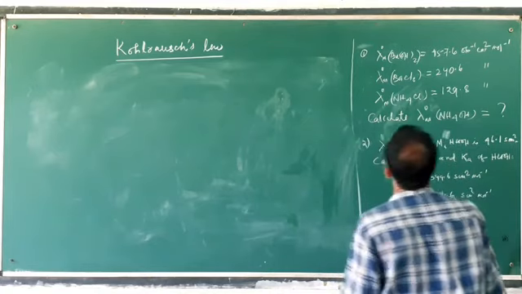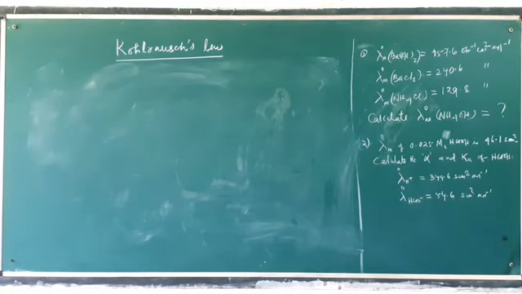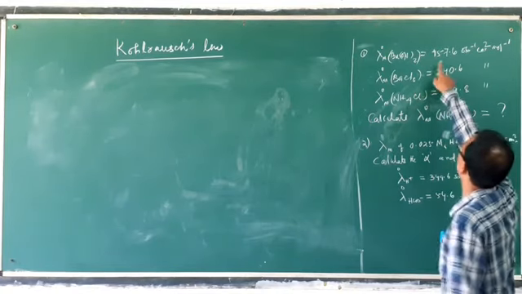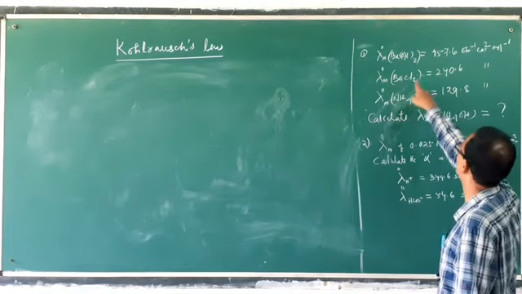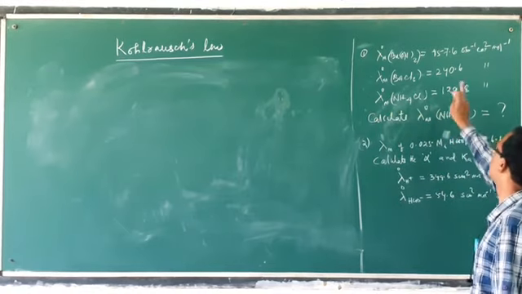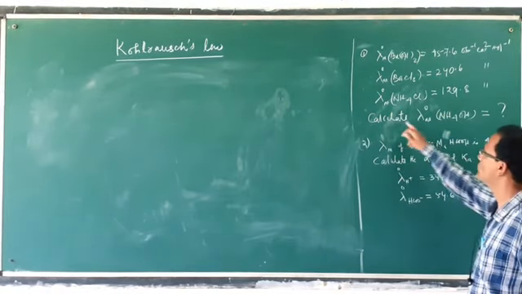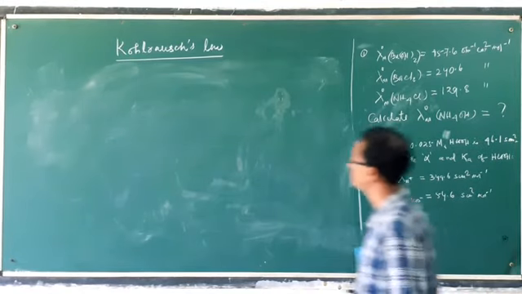You see the problem. First problem: lambda m of barium hydroxide is 457.6, and lambda m naught of barium chloride is 240.6. Lambda m of ammonium chloride is 129.8. But the question is, calculate lambda m naught of ammonium hydroxide.